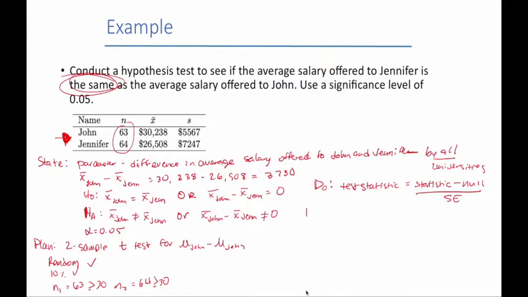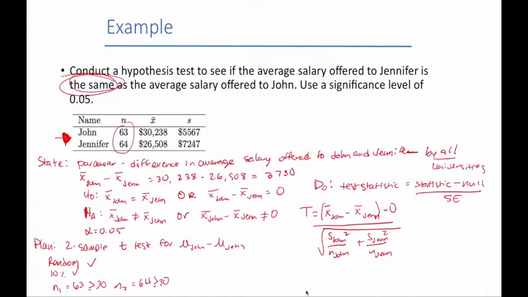For this, that's going to be t is x bar John minus x bar Jen minus 0, our null, over the square root of s John squared over n John plus s Jen squared over n Jen.